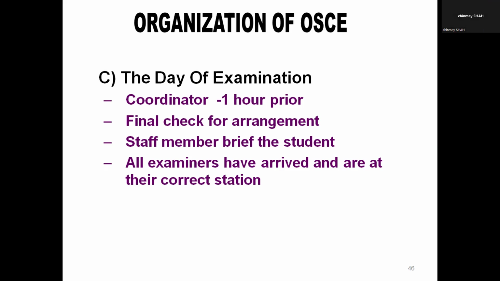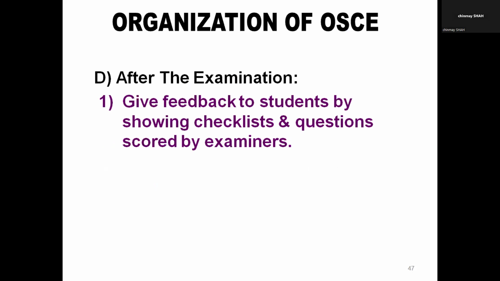Okay. Secondly, if you still have a scarcity of examiners, and if you have a standardized patient, that patient can also score the student. If your exam patient is standardized, he will know that the student touched him in this place, did this, did not do this, and he will score. Sir, that means if we have 20 stations and around 10 are procedures, at least 5 examiners are required?